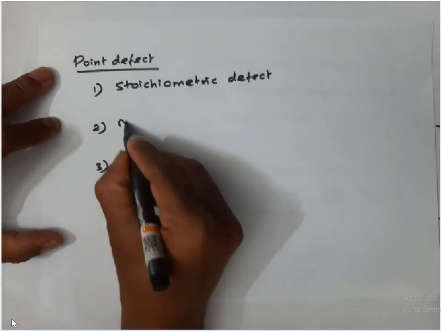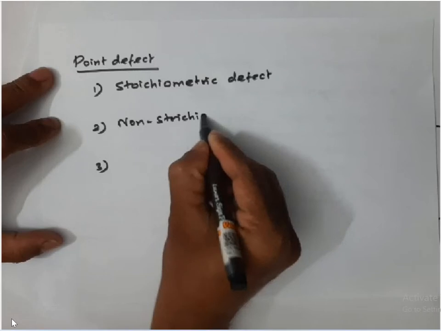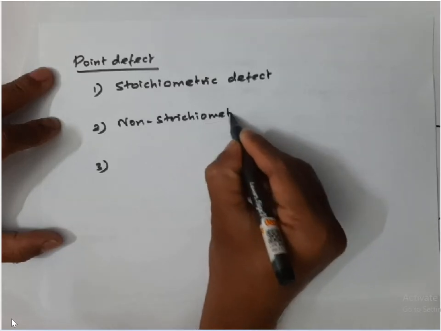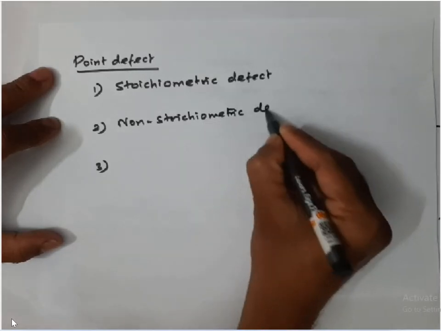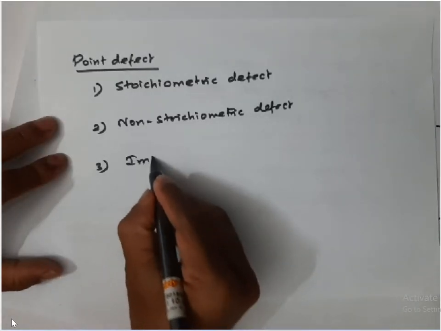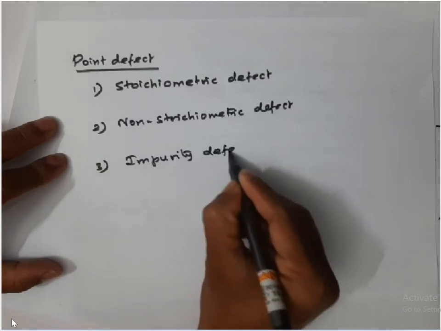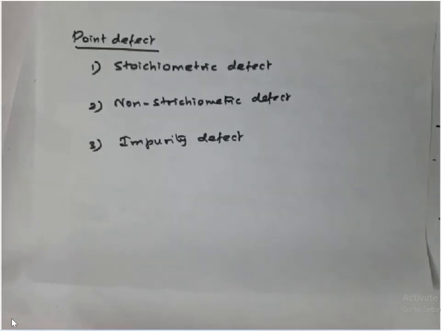Number two, non-stoichiometric defect. Number three, impurity defect. In point defect, we have these three types: stoichiometric defect, non-stoichiometric defect, and impurity defect.